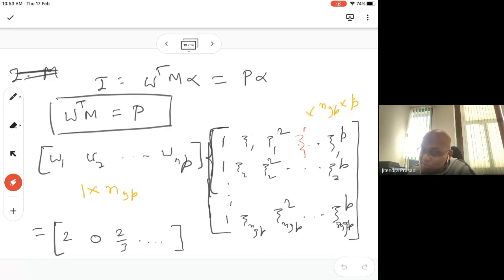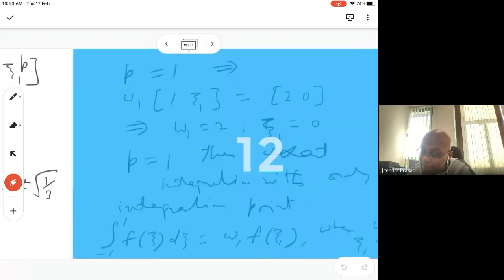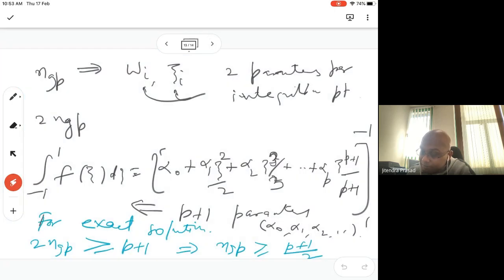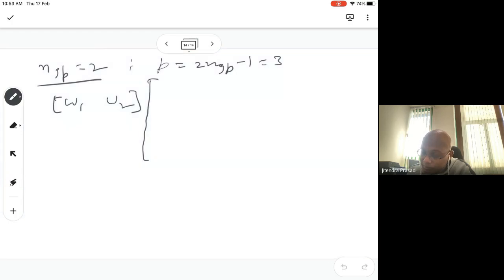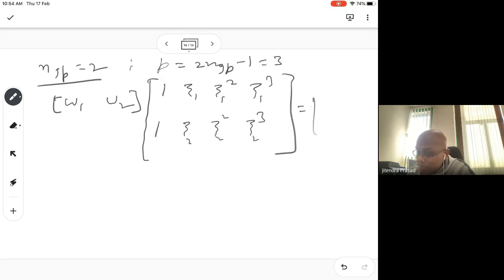So xi 1 cube till cube we will have. So we will have 1, xi 1, xi 1 square, xi 1 cube, and then we will have 1, xi 2, xi 2 square, xi 2 cube. So this is equal to, as we found out, we will have here 2, 0.